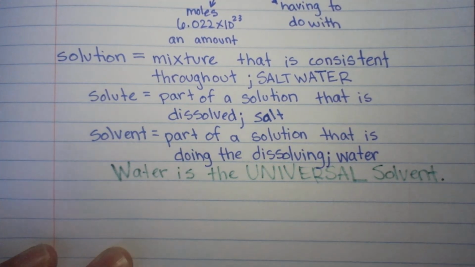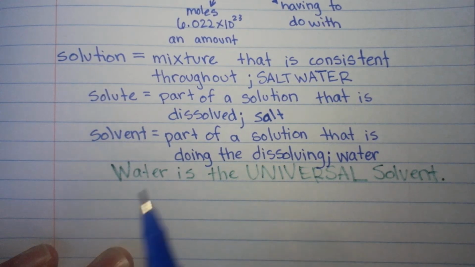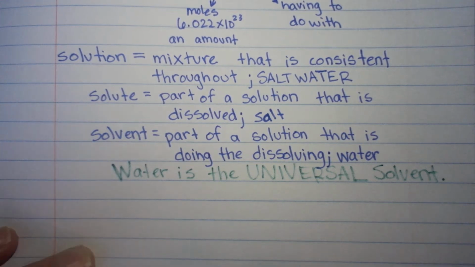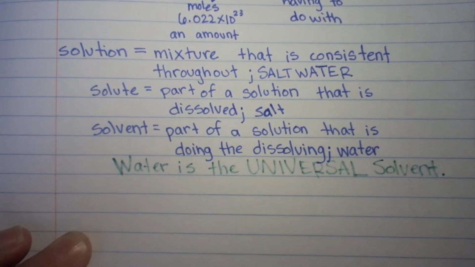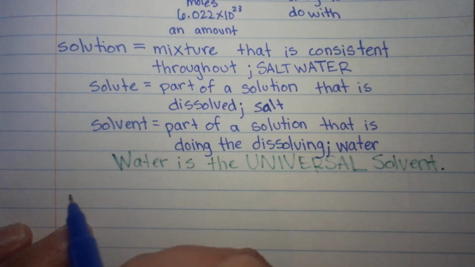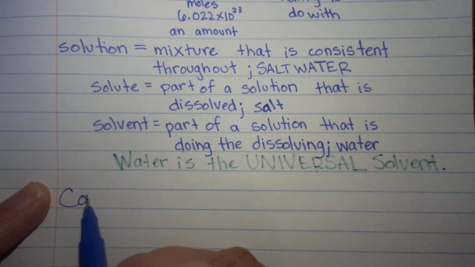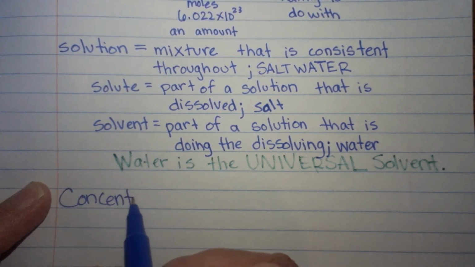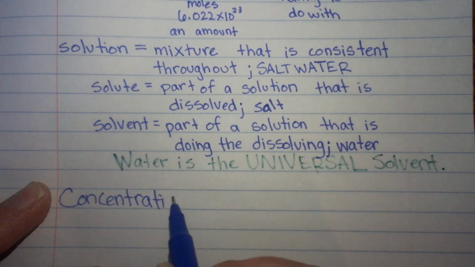But the ones that we talked about, like sweet tea, salt water, you might follow a recipe for those, but when we're in chemistry class, we have to be very specific. So we use agreed upon concentration. So let's write the word concentration and talk about it just a little bit.